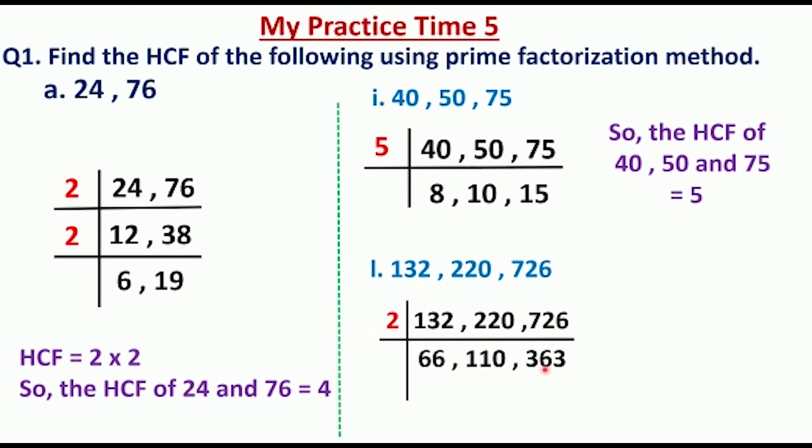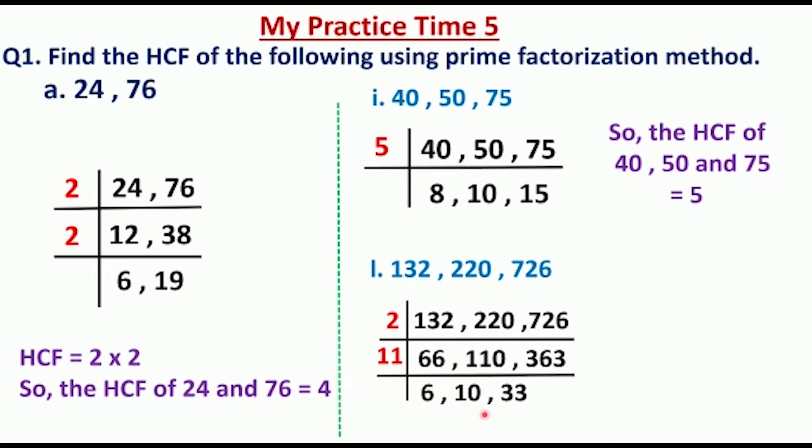363. Now find the common factor of 66, 110 and 363. The smallest common factor will be 11. All these numbers can be divided by 11. So divided by 11, when you divide 66 by 11, what will you get here? 6. When you divide 110 by 11, you will get 10.